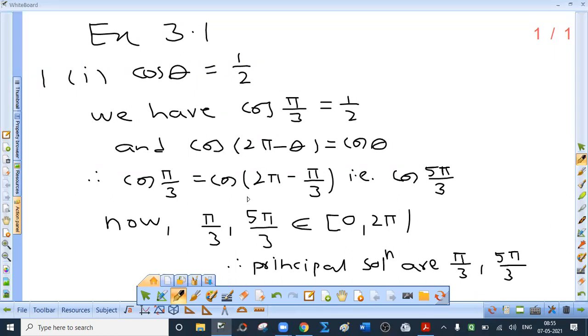So cos pi by 3 is nothing but cos of 2 pi minus pi by 3. LCM is 3, so 6 pi minus pi, that is 5 pi by 3. This means for these angles pi by 3 and 5 pi by 3, the cosine ratio is half. You have to say that these two belong to the required domain, the semi-open interval, right? So the principal solutions are pi by 3 and 5 pi by 3.